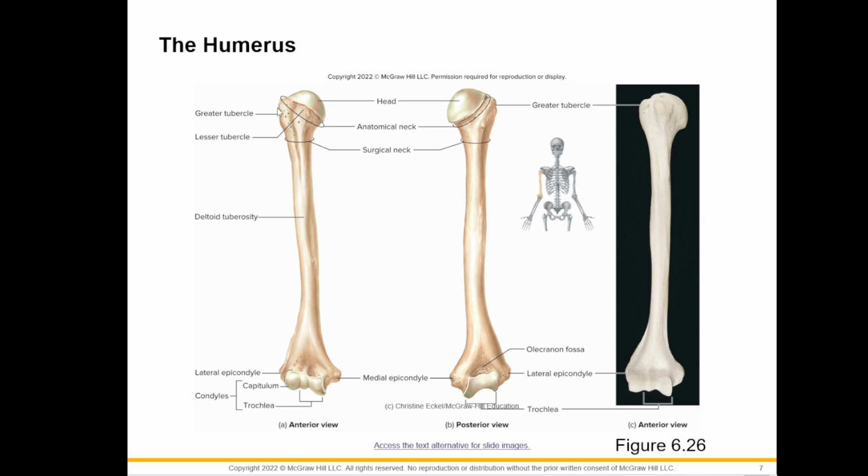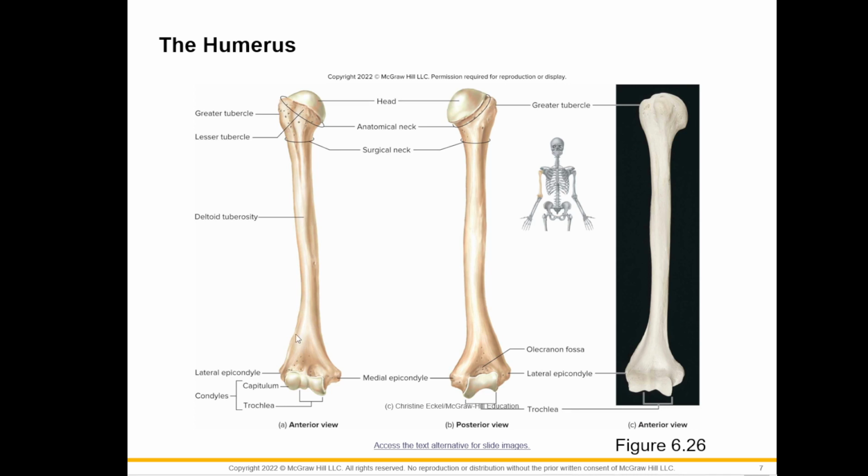This lump over here is the greater tubercle, and this lump over here is the lesser tubercle. We call this the surgical neck because usually this is where fractures would happen. And then this lump over here is called the deltoid tuberosity. Deltoid because there is a muscle in the shoulder called deltoid, and this is where it inserts or attaches.